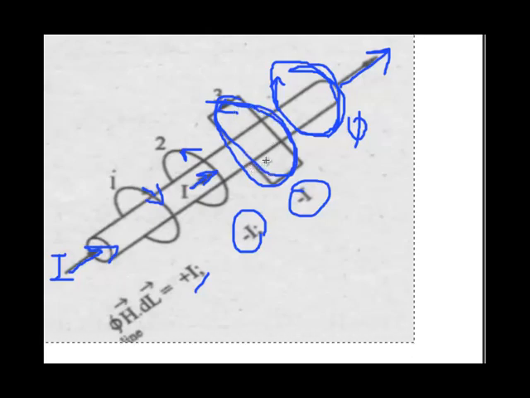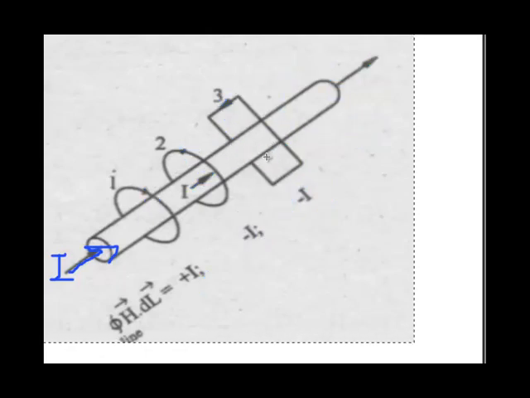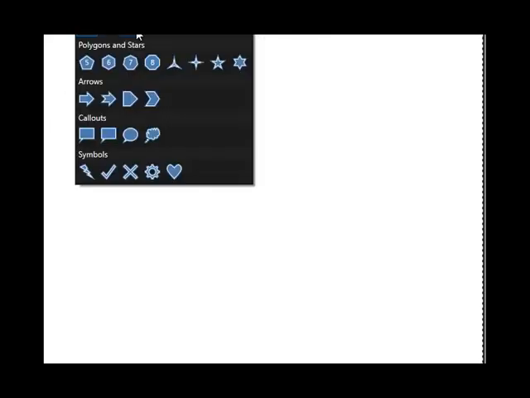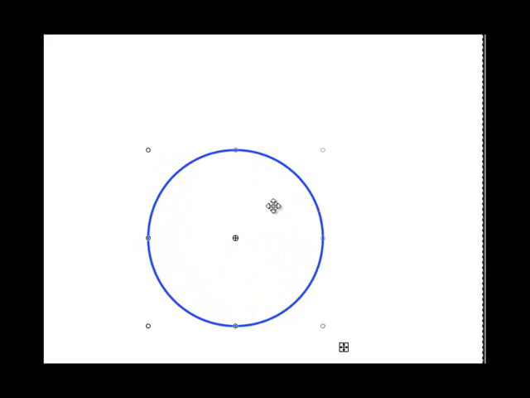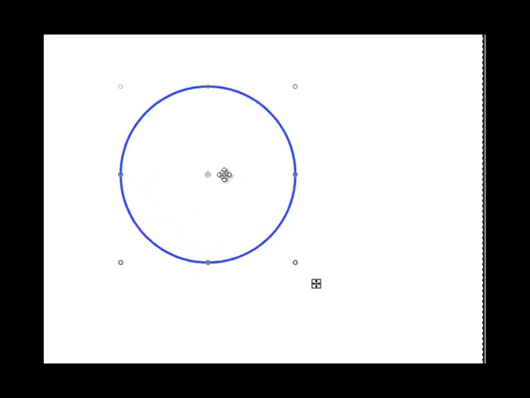But the case may be different. You can integrate a part of the conductor also. Consider this as a conductor, a cross-section of a conductor.